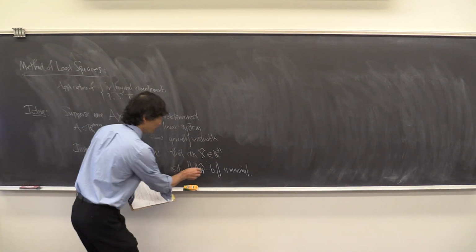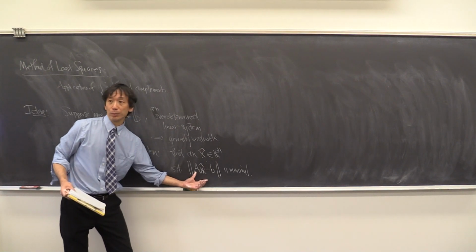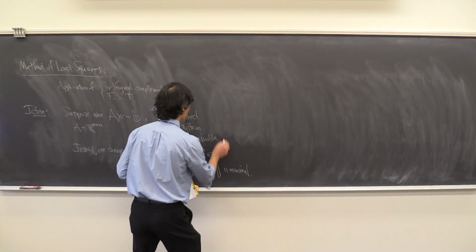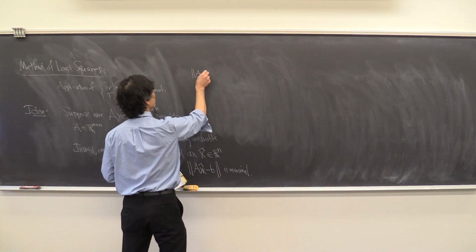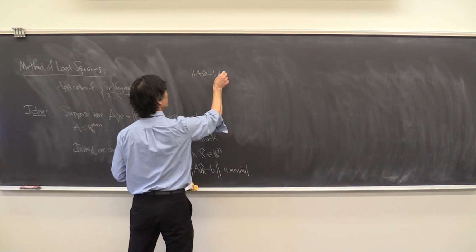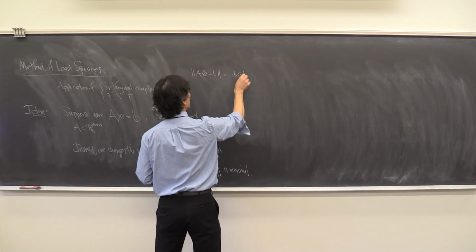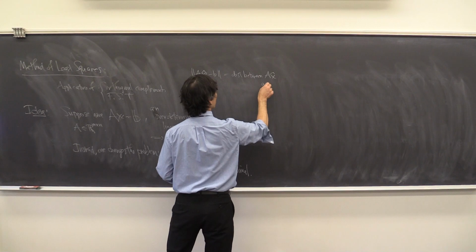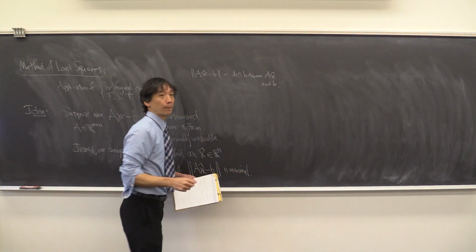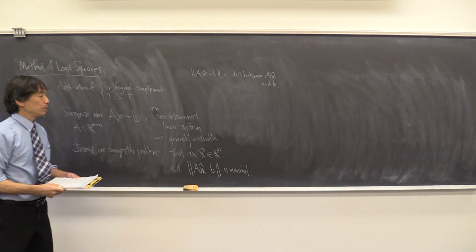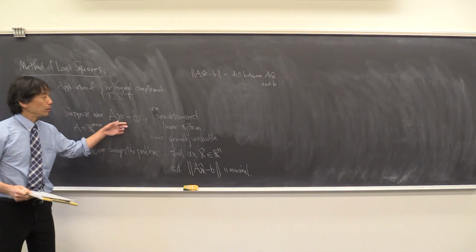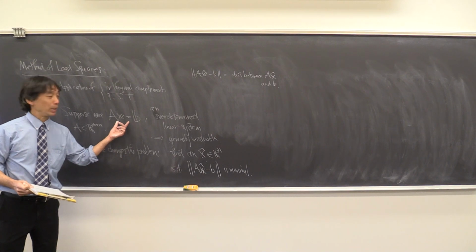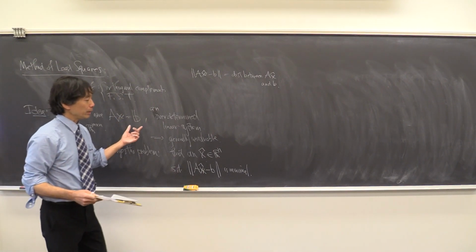The way you want to think of this norm of the difference is that it's a distance. So this Ax hat minus b is really the distance between Ax hat and b. You wish you could find something where the distance is 0, you'd like Ax equals b, but it's impossible.